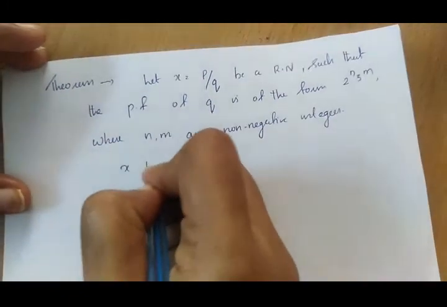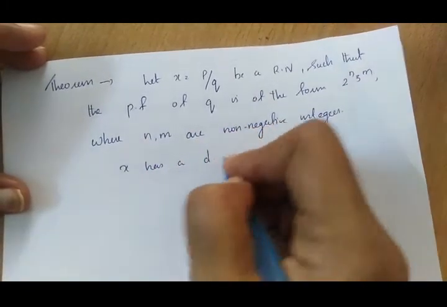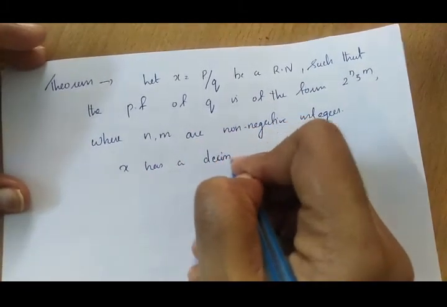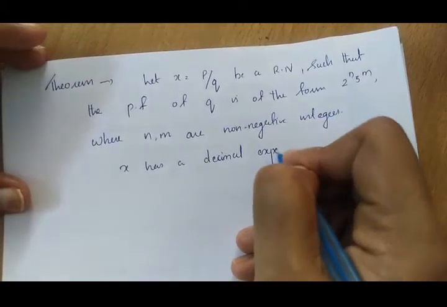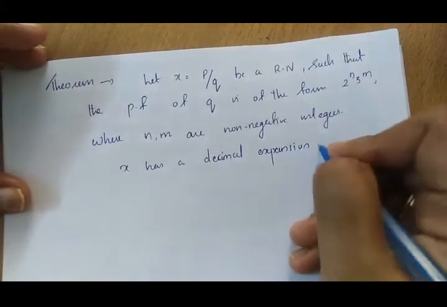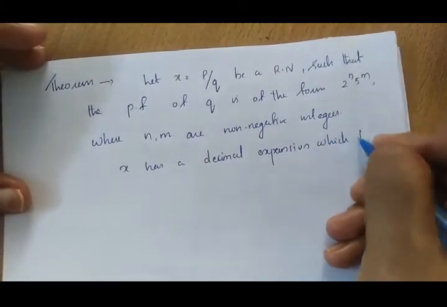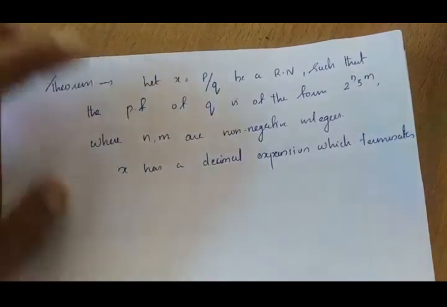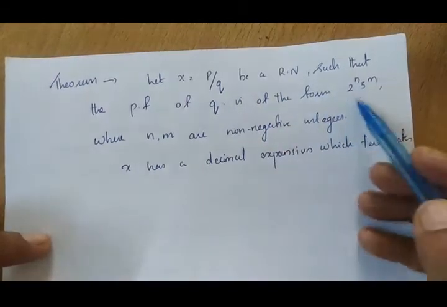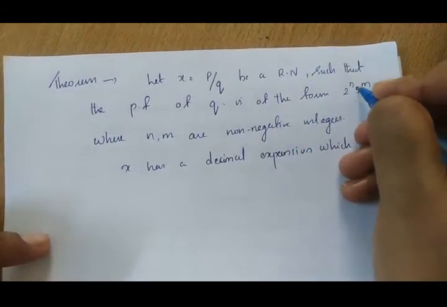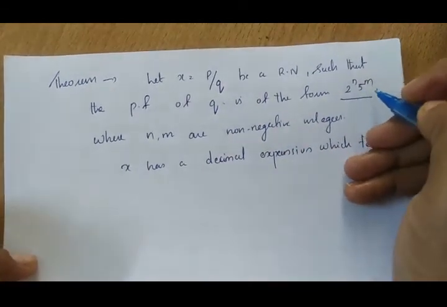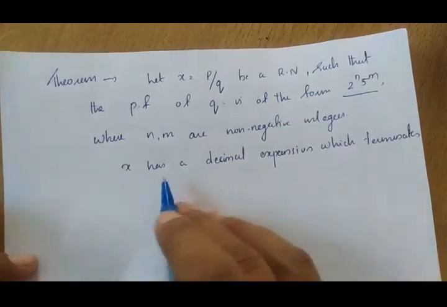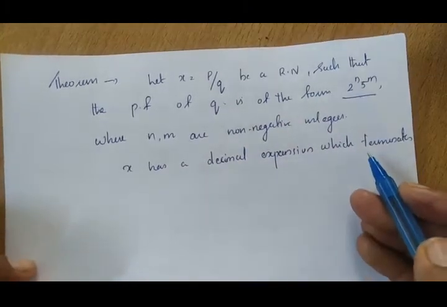Then x has a decimal expansion which terminates. The same case we proved previously: if we can represent it in p by q form such that, by prime factorization, q is 2 raised to n, 5 raised to m, then x has a decimal expansion which terminates.